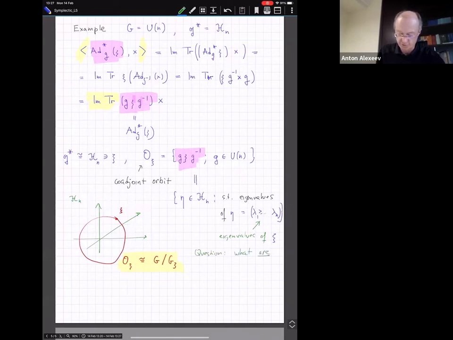To simplify your life, you may think of psi's as only being diagonal Hermitian matrices. So that's enough. Otherwise, there is a more complicated story, because then you will have stabilizers which are conjugate to each other, but not the same. But let's only think of diagonal psi's.